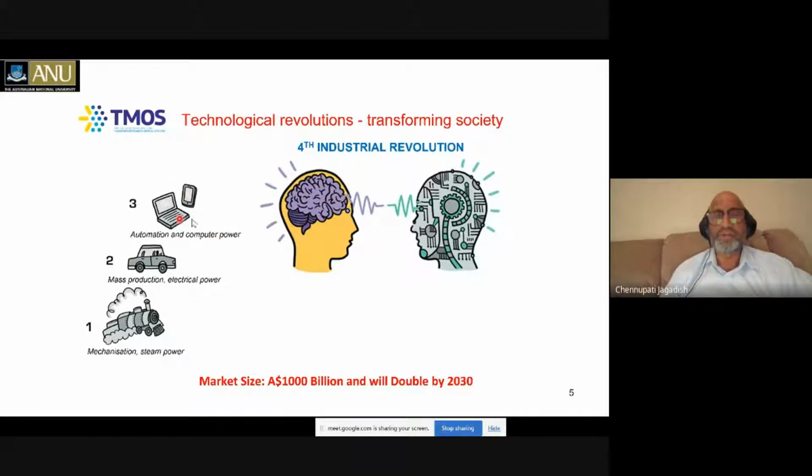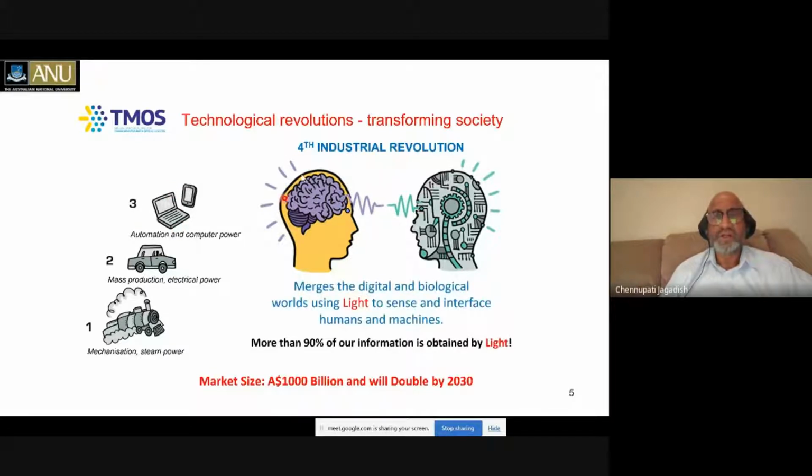In the third, computer power led to automation. For the fourth industrial revolution, people are predicting that the digital and biological worlds will come together, and light is going to play an important role in sensing and interfacing humans and machines. About 80 to 90% of the information we receive is through light, for example. That's why light-based technologies are going to play an important role.